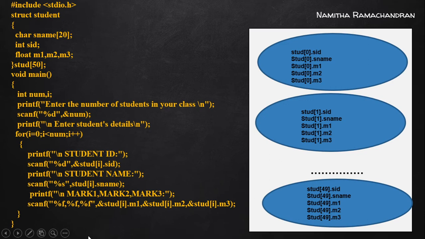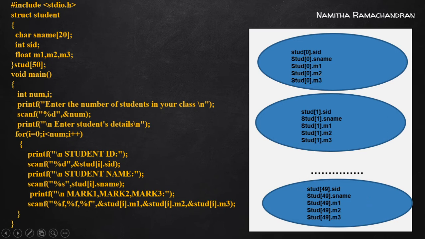Okay, all these sets of variables indicate the memory allocation used for representing the third student's details. And finally, this particular set of memory allocation indicates the details of our 50th student, which all point to the name, ID and marks of our 50th student, the last student of this class.